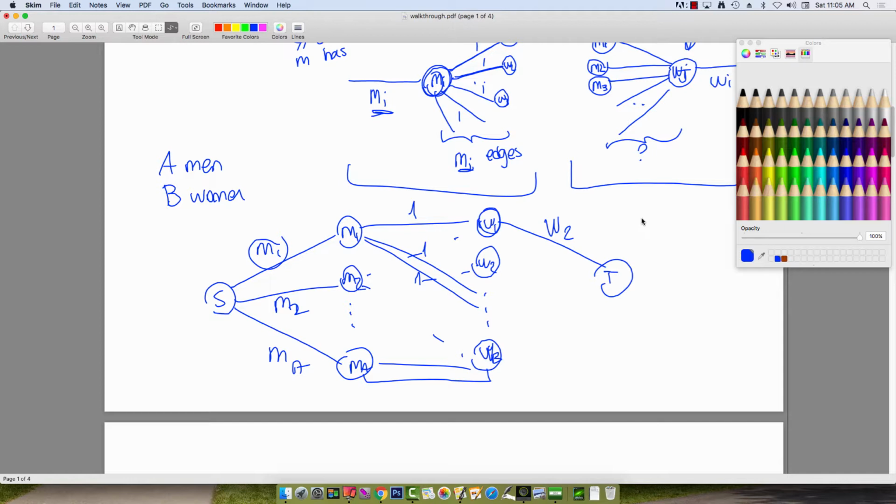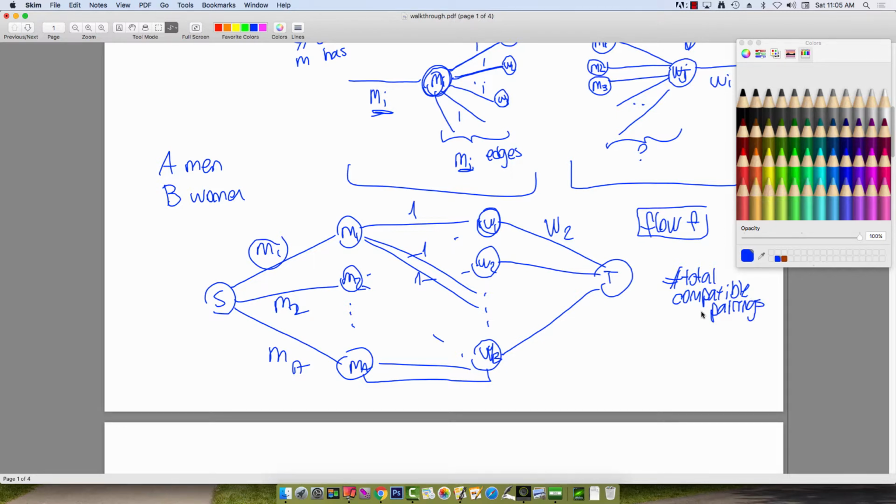Okay, so let's talk about what this structure is basically showing us. Once we run the MaxFlow algorithm on this, we're going to find flow F. So F will basically give us the number of total compatible pairings.